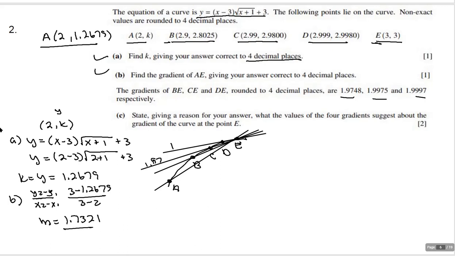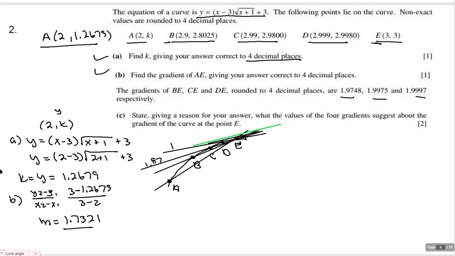Now, they want to know what I would guess is the slope at the point E. So again, that's this. Here, make it so you can see it. That's a tangent line. Okay?